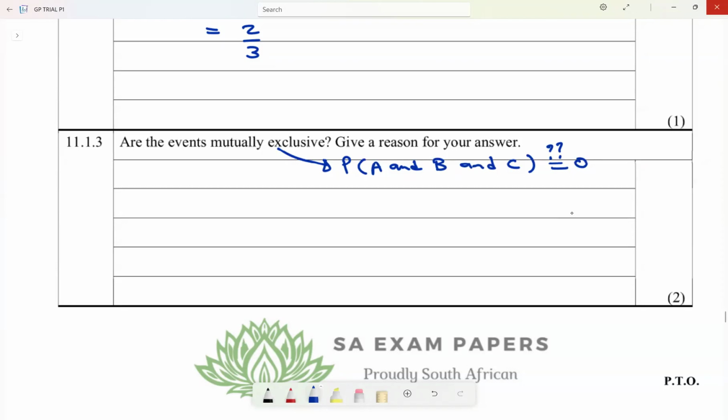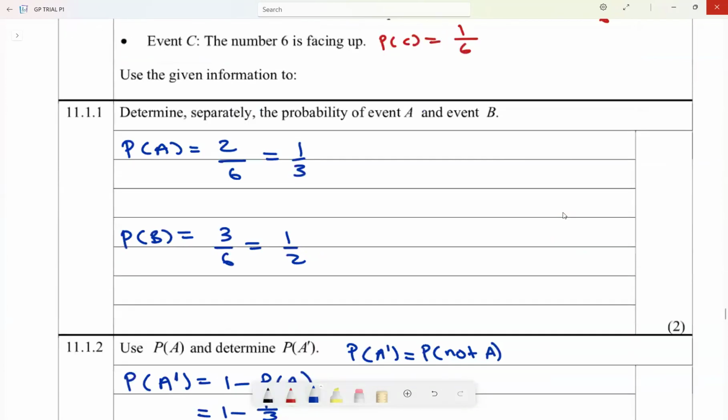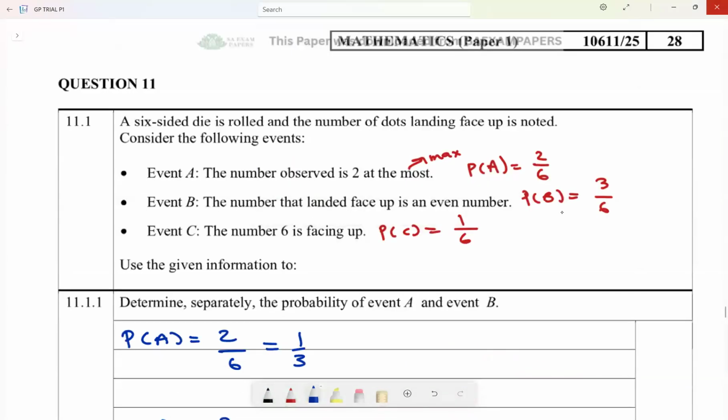Now, unlike when we have 2 events, where the probability of A or B is equal to the probability of A plus the probability of B minus the probability of A and B, let me check what we have on A. On A, the number observed is 2 at most.